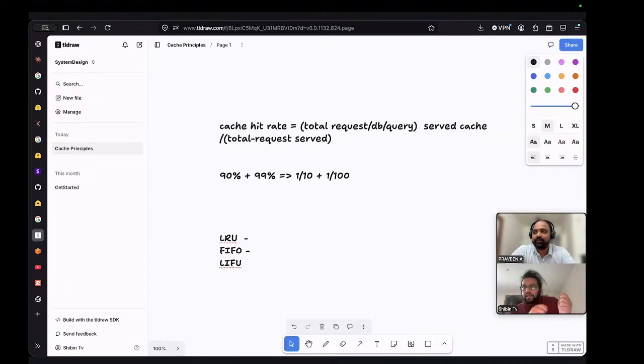Whenever I buy a new book in January, I remove the book I bought last year in January, the first one, and replace it with the new one. In February, I replace the second in line, from last February. So basically, you maintain an order, remove the first one which entered the cache, and create space for the new item.